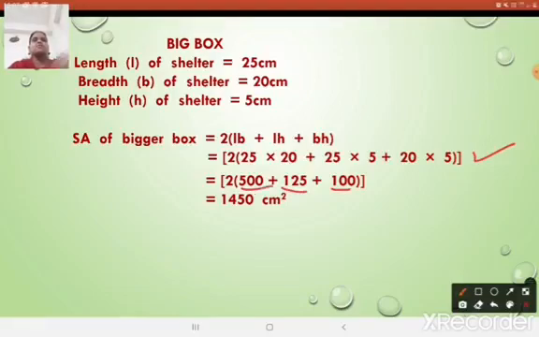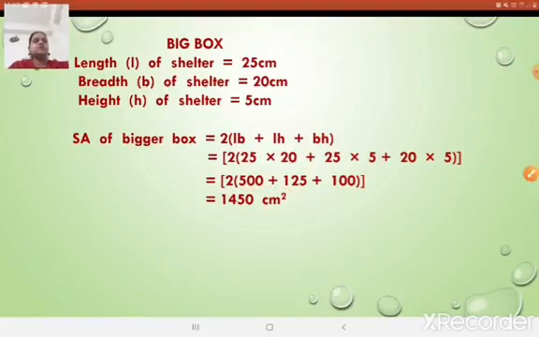So 525 plus 500 plus 125 plus 100. And then multiply by 2, you will get the final answer as 1450 centimeters square. What is this value? This is the total surface area of one bigger box, excluding the overlapping. Correct. Now we will find the area for overlapping.